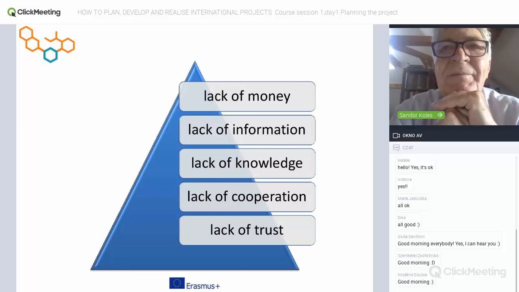If you go further into this pyramid and ask people what the other problems are in your activity, with your community, your partnership, or your cooperation, usually the answer is the lack of trust. I think this is a general topic, not only in our cases but around the world: the lack of trust, the lack of confidence.